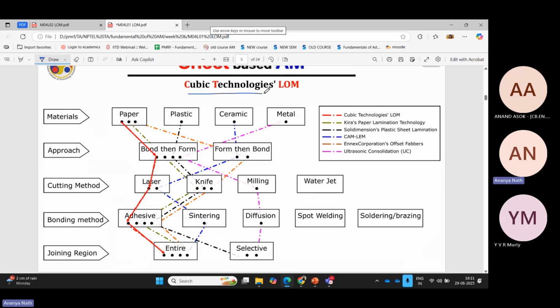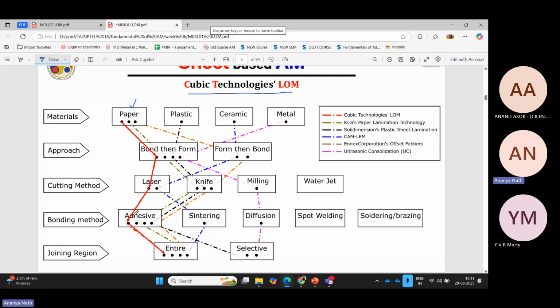The first process we are going to discuss is Cubic Technologies LOM. LOM is laminated object manufacturing. It uses paper as a material, and it is bond and then form, like it will first fuse and then it will cut. They are using a laser for cutting, and the bonding method is adhesion.